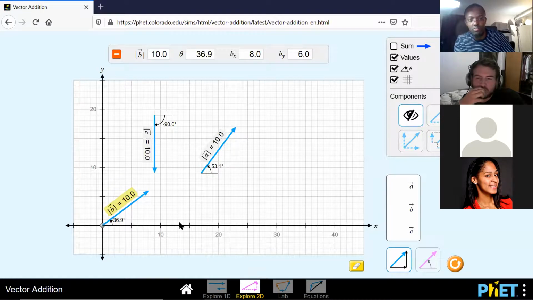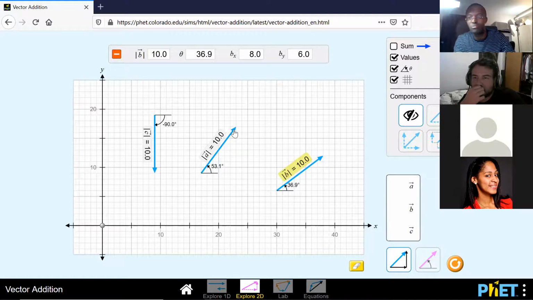The origin, positive x-axis is this. So you start here, counterclockwise, first quadrant, second, third, fourth, like in trigonometry. Okay, good. So that's vector B. How about vector A? Which quadrant is it pointing to? The first. That's correct.